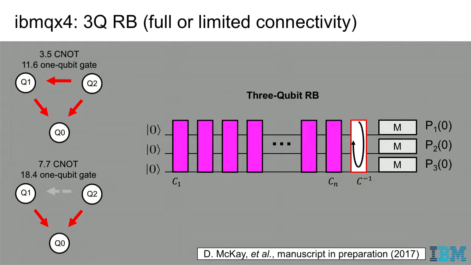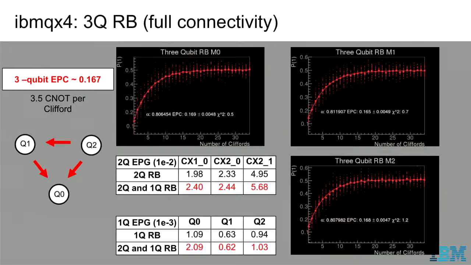So clearly you would be able to run it better when you have better connectivity. Here are some results from IBM QX4. Here's the 3-qubit benchmark RB, and I'm putting down the 2-qubit RB results, looking at the 2-qubit individually and then at 2-qubit and 1-qubit together.